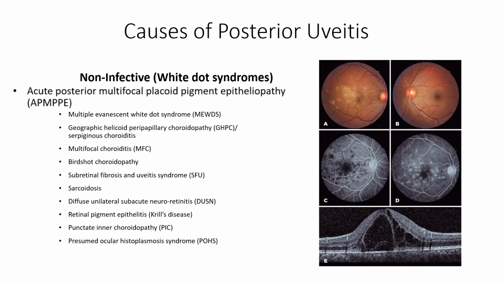So this is acute posterior multifocal placoid pigment epitheliopathy, commonly known as APMPPE, and it occurs in young individuals 20 to 40 years of age. It is rare in children and it has an equal predisposition to occur in males as well as females, and it may be bilateral but asymmetrical.